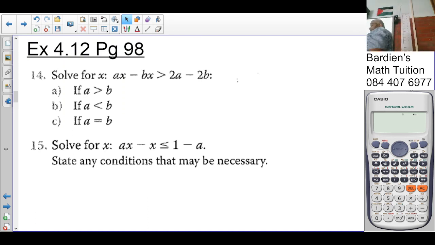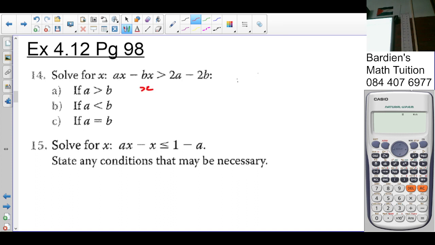Okay, so looking at number 14, it says solve for x for ax minus... A is greater than b, so it's going to be x into a minus b, which is greater than 2a or 2 into minus b.